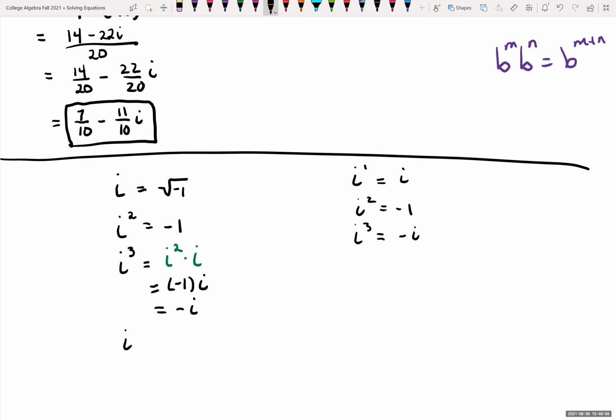So let's look at i to the 4th now. So i to the 4th I can break down as i cubed times i, or i squared times i squared. It doesn't matter, just choose one of them. Let's do i squared times i squared. Well, i squared, remember, is -1 times -1. This would give us +1.